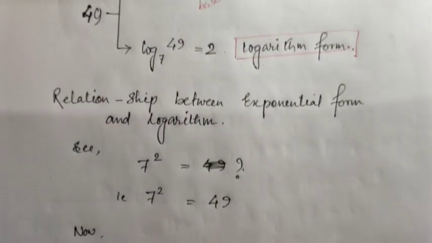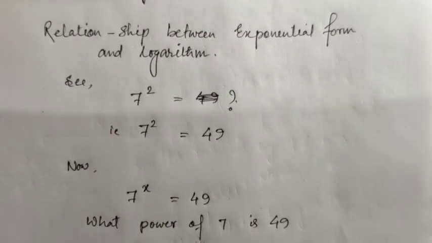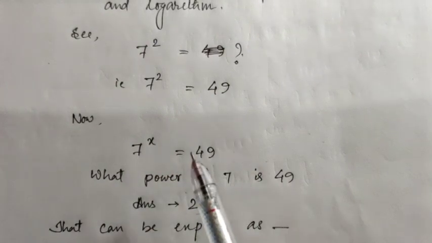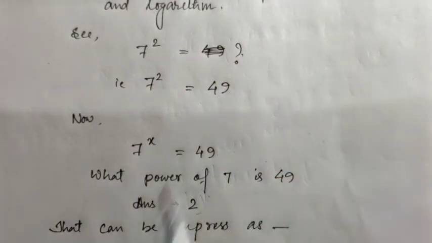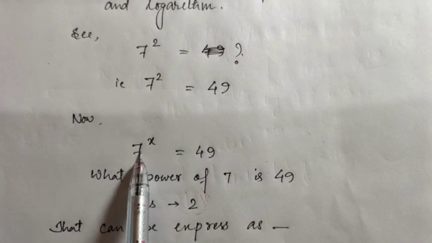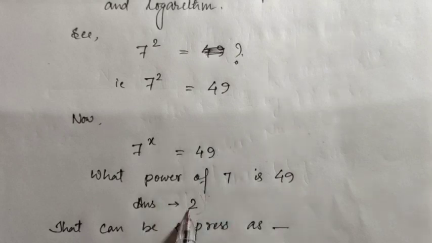Now let us try to understand the relation between the exponential form and logarithm form. Now see, 7 square is a question mark, and if I ask you, you'll say it is 49. Again, if I ask to what power 7 must be raised so that it is 49, your answer will be 2.